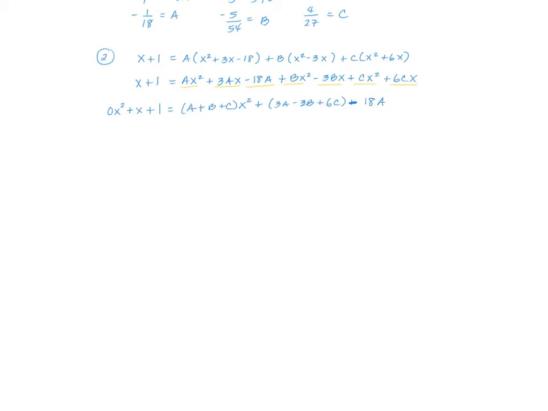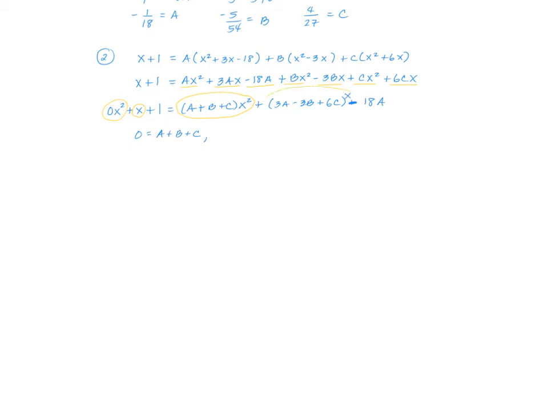So when we compare like terms, notice that I have 0x squared and a plus b plus c times x squared. So it must be true that 0 is equal to a plus b plus c. And then I have this 1x. Oh look, I forgot my x. How typical.